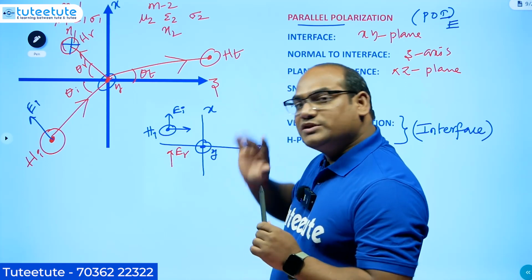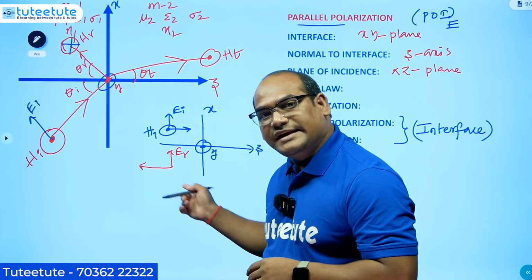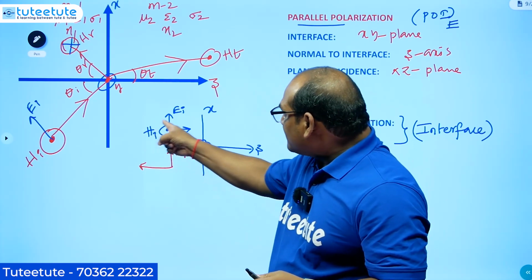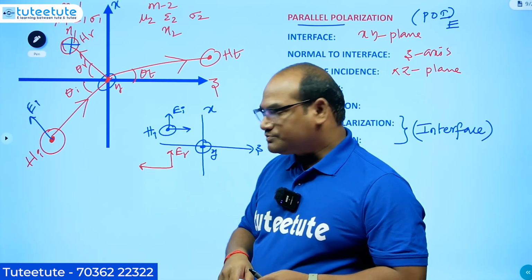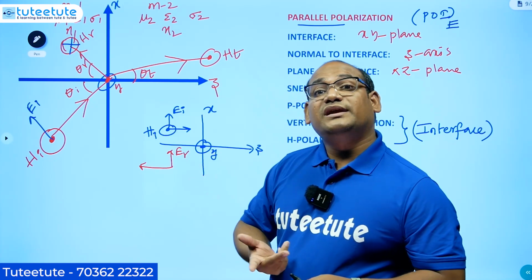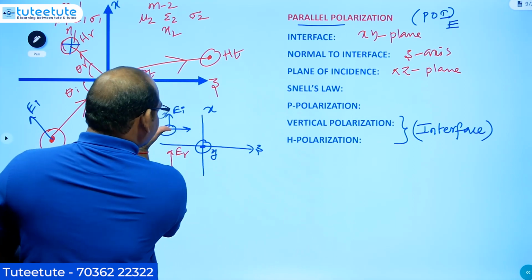In order to follow this, the direction of propagation must be reversed. It should be in the negative z direction, because it is the reflected wave. The incident wave is in the positive z direction, so the reflected wave must be in the negative z direction. To satisfy these two, the magnetic field is reversed. Once again, you can check here. This is the incident electric field.